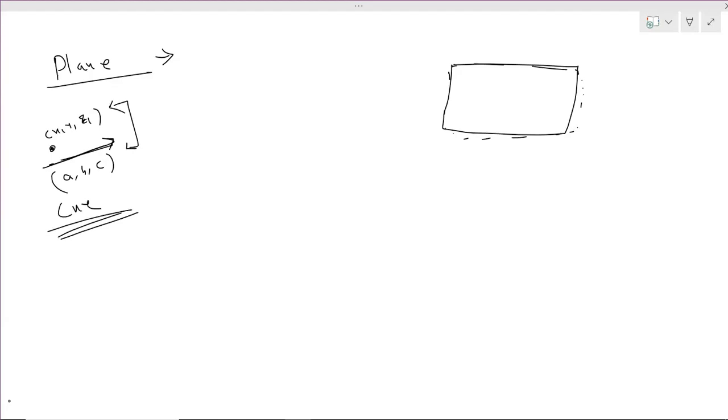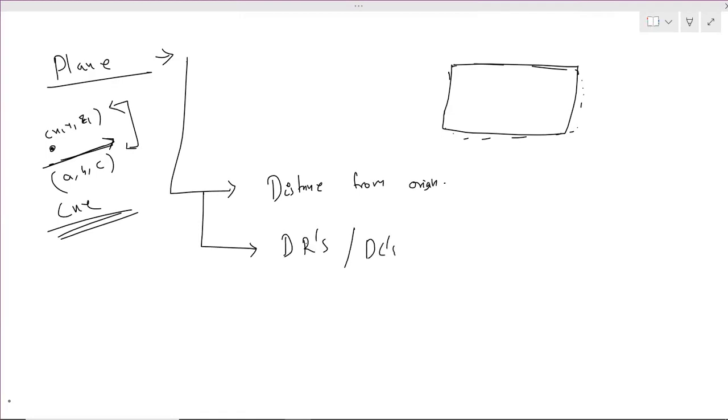Same way, remember, for plane, in most of the cases, what you will need is distance from origin and direction ratios or direction cosines of normal vector.